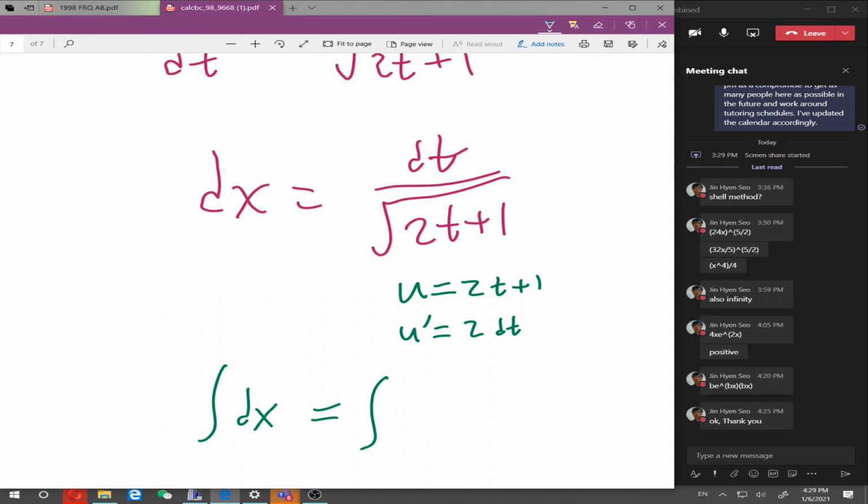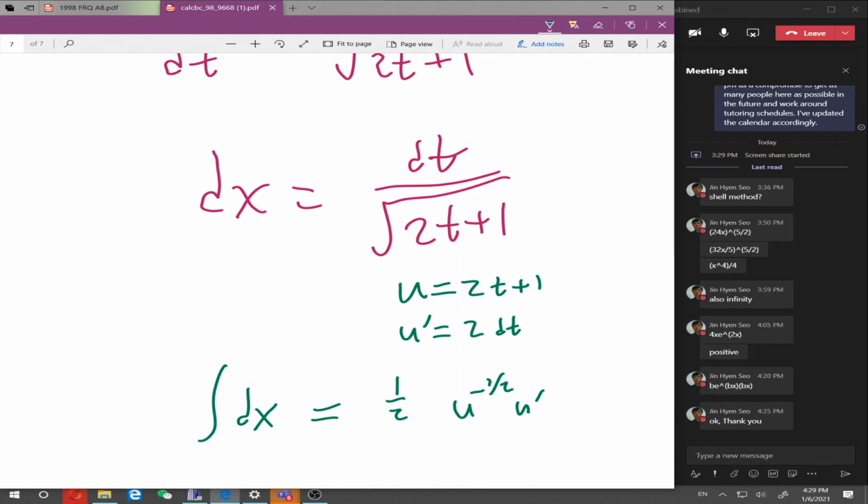The right side will look like 1/2 times u to the power of negative 1/2. Okay, that's good. So you took that 1/2 because your u prime needed a 2 and you didn't have one. So 2 times the 1/2 gives you just dt.